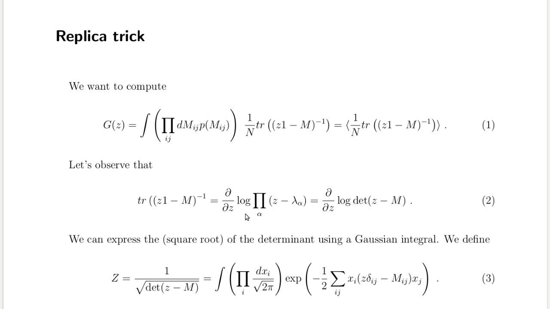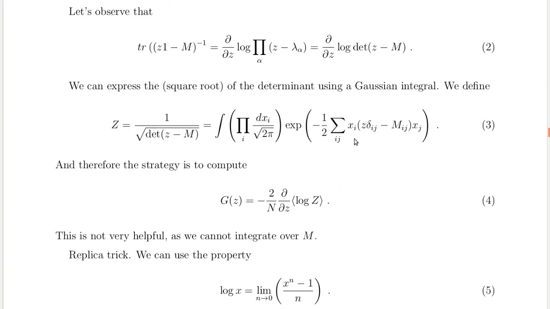And we can express the square root of the determinant using a Gaussian integral. In particular, we can introduce these degrees of freedom x, and 1 over the square root of the determinant is just the result of this Gaussian integral in equation 3.